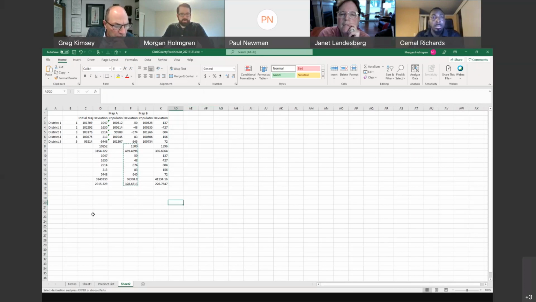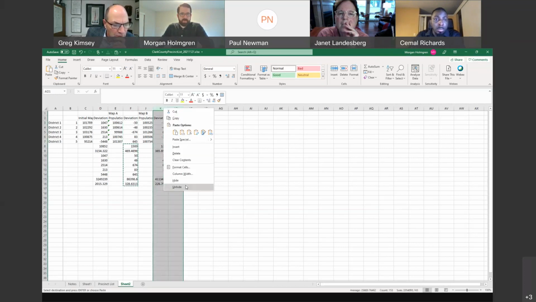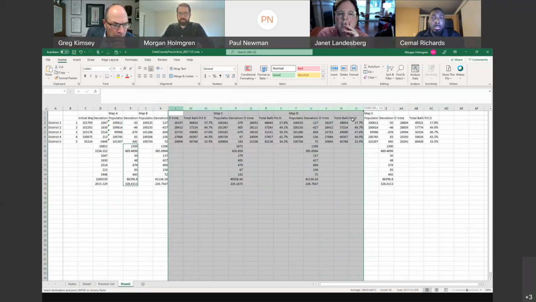561. And then where do we see the total deviation of the entire map? It's not 1,500. Yeah, that's these added together, but it's an absolute value. And then for map A. So that shows deviation is 1,396 for map B and deviation of 1,500 for map A. Yeah, that's why I had the other ones up.